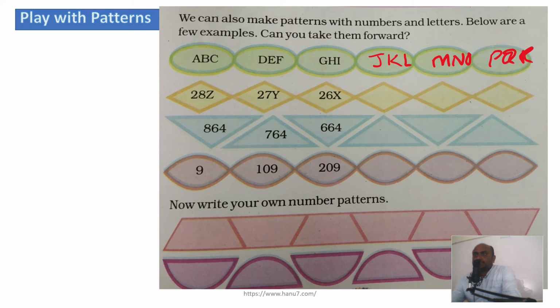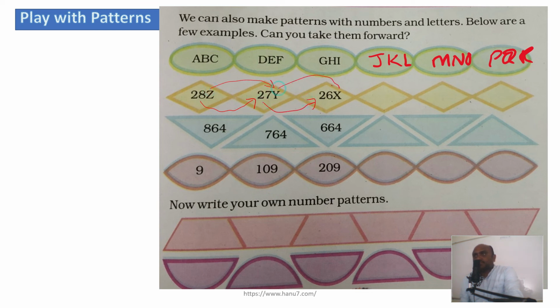28 is reduced to 27, and then 27 is reduced to 26. So you can see that Z is becoming Y, 28 becomes 27, and Y is becoming X, 27 is becoming 26.